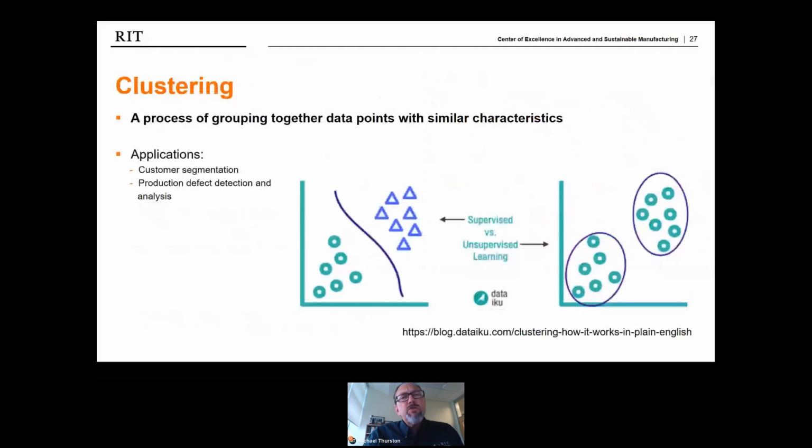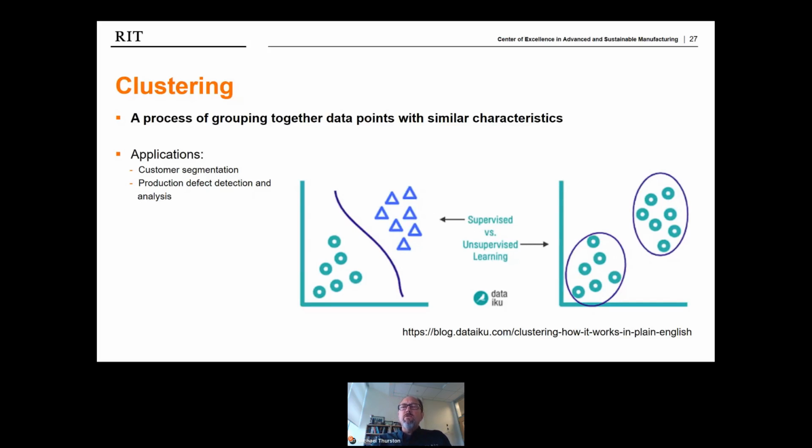So, a little bit of a drill down on some of the other types of methods that you may find in your business analytics system, your business intelligence system, or that may be useful in the operation. Clustering is a machine learning process that allows the identification of distinct groups in a complex data set.